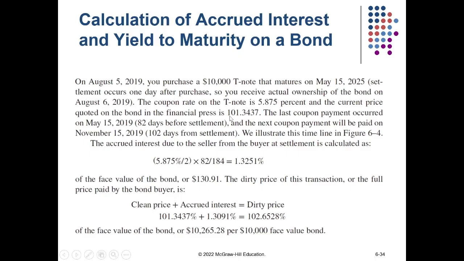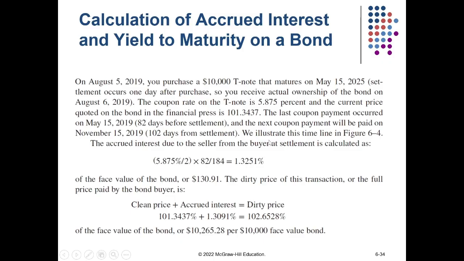The coupon rate on the treasury note is 5.875%, and the current price quoted on the bond, the financial price, is 101.3437. The last coupon payment occurred on May 15, 2019, that is 82 days before settlement, and the next coupon payment will be paid on November 15, 2019, that is 102 days from settlement.